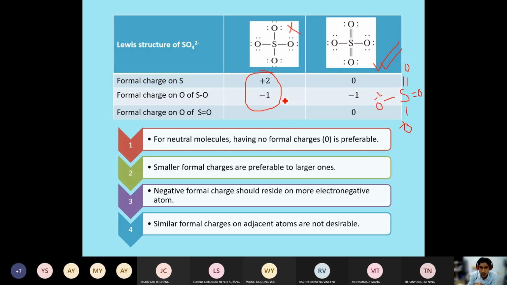Formal charge, of course. It would not be desirable because since they will be carrying negative charge, and this negative charge will repel each other, so there will be more tension between them. But if they are as far apart as possible, there will be less tension between them. So that is why they are stable in this way rather than staying side by side.